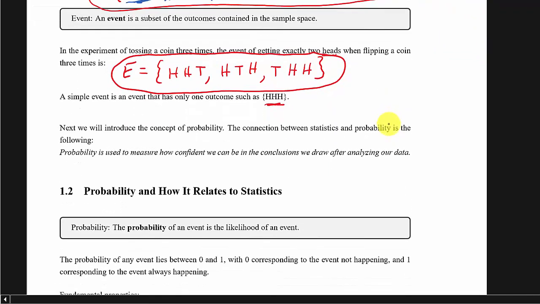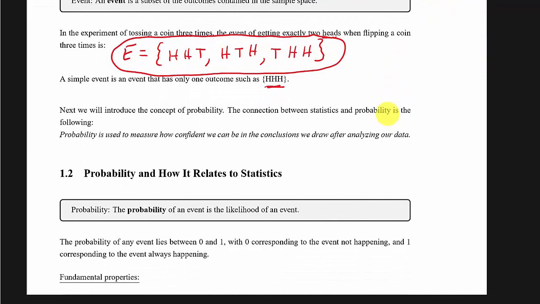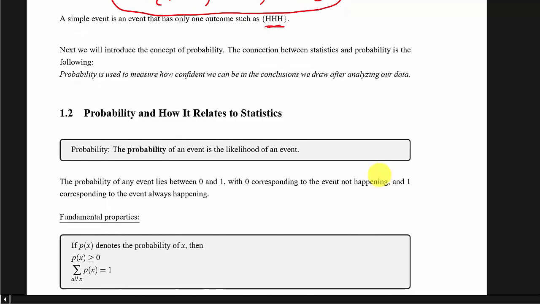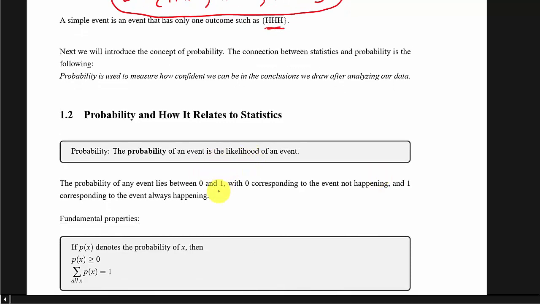All right, so next we'll introduce the concept of probability. The connection between statistics and probability is the following. Probability is used to measure how confident we can be in the conclusions we draw after analyzing our data. So the probability of an event is the likelihood of an event happening.